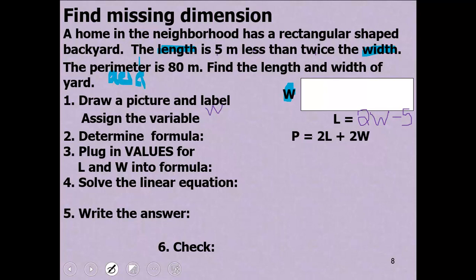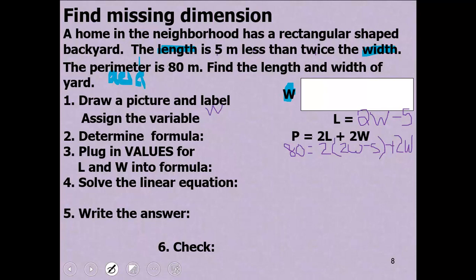I'm going to plug in my values that I know. I know P is 80. 2L is 2W minus 5. Notice how I put parentheses around that. Plus 2W.